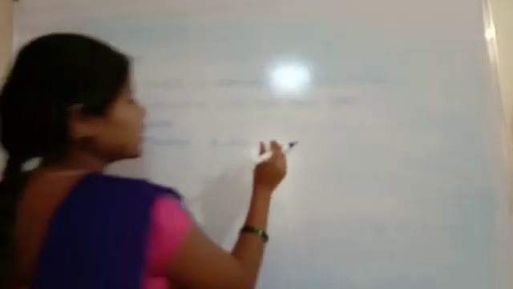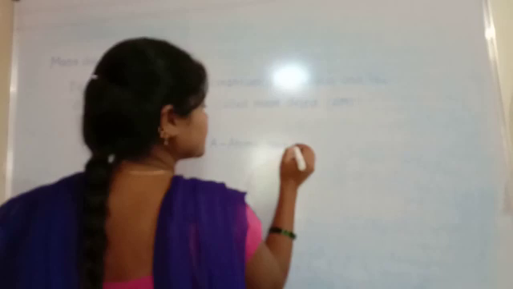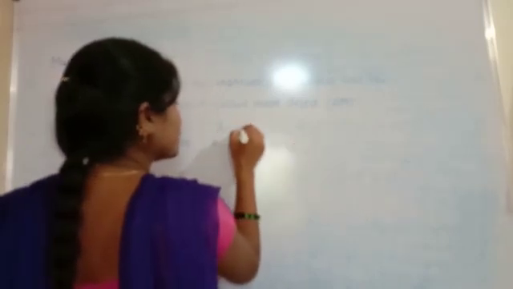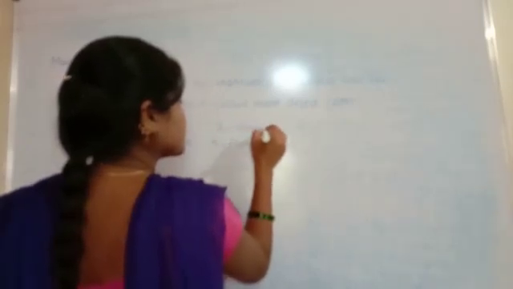Here A is the atomic mass and Z is the atomic number. The number of neutrons in the nucleus is A minus Z.